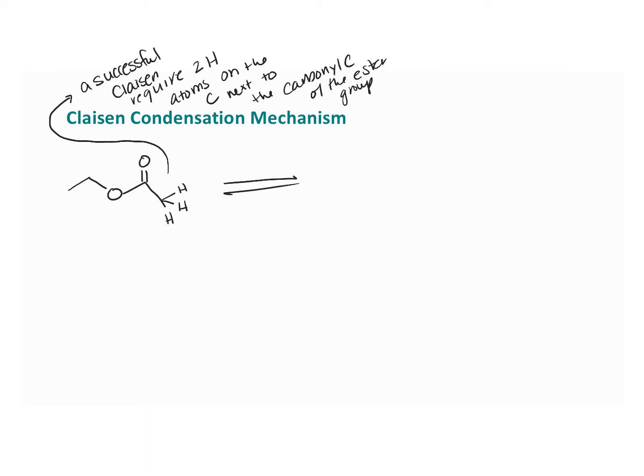And so the first step is a proton transfer. Where these electrons come and they steal a proton, and when they do that, those electrons go back on that carbon.